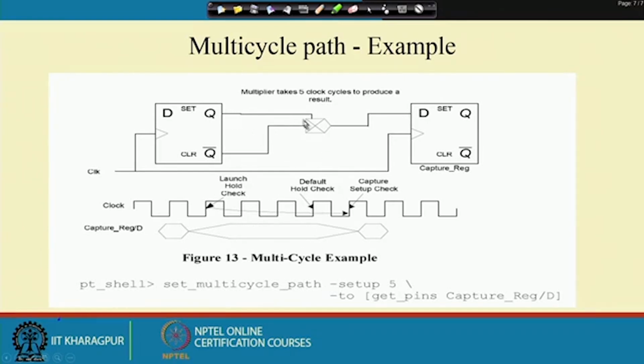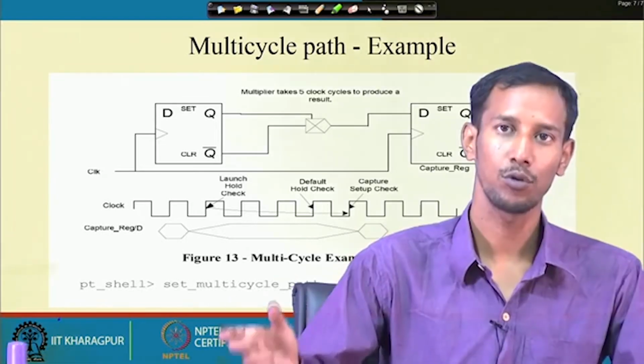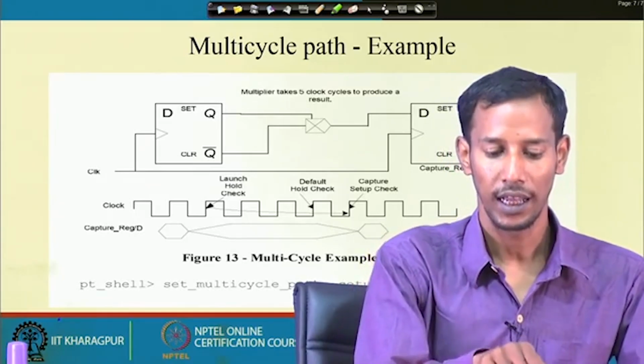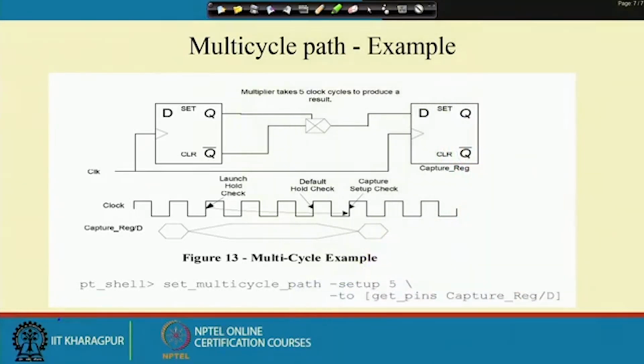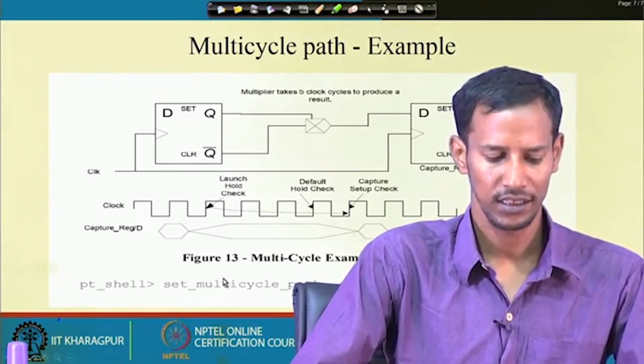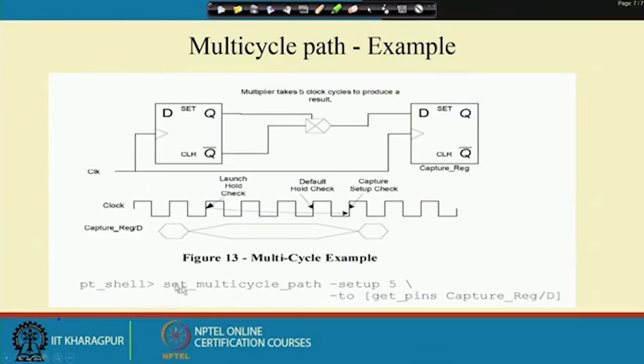That is why this particular path is known as a multi-cycle path. Whenever I do the synthesis, I have to mention that this multi-cycle path is from this Q1 output to the D2 input with a multi-cycle of 5. If you use the Synopsys tool set, this is the command to do that.